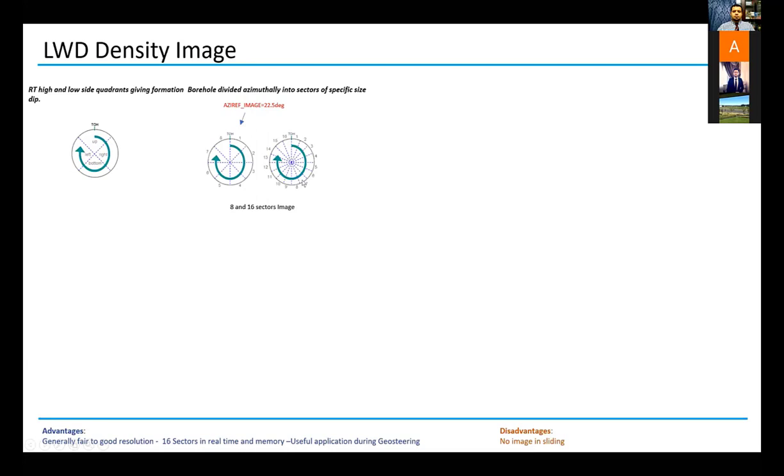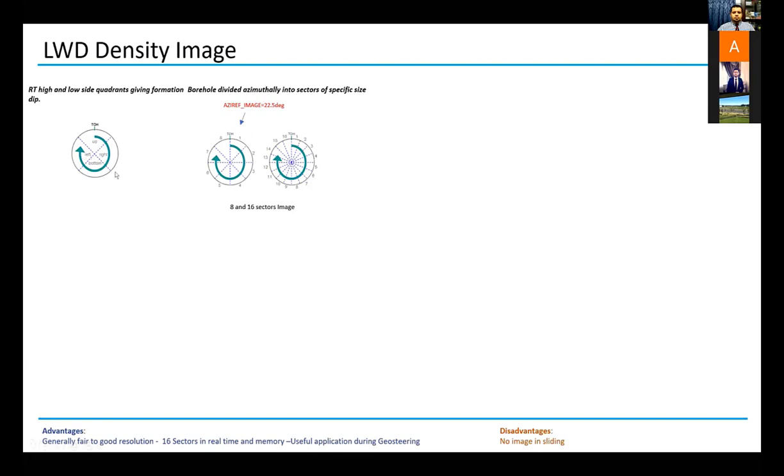As the tool is going down, it is azimuthally moving around in the hole, and in each sector it is acquiring the image and pulsing up the image in real time, and it is also stored in the tool, what we call memory data set.